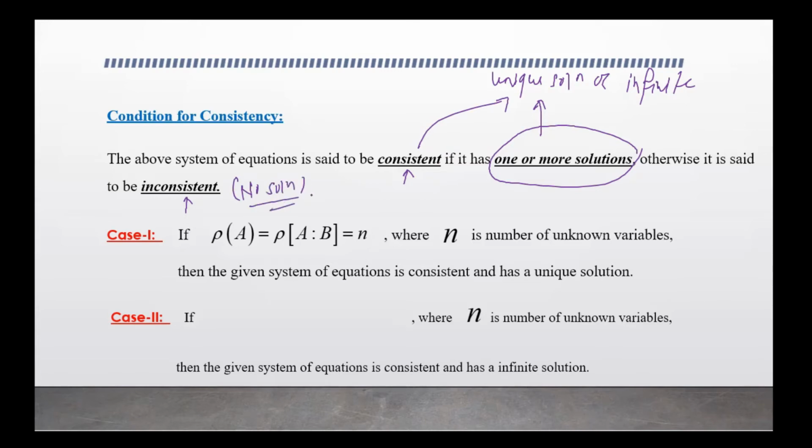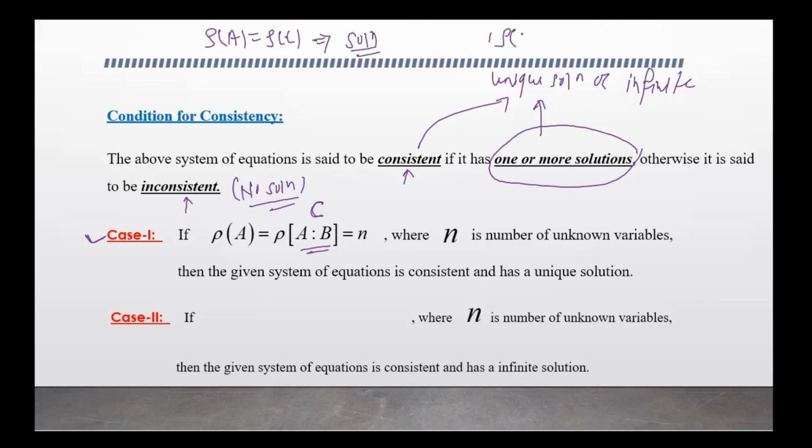Okay. So this consistency and inconsistency depends upon the ranks of the given matrices. So we discuss the cases here. Case number 1. If the rank of A is equal to the rank of C, then the system has a solution.